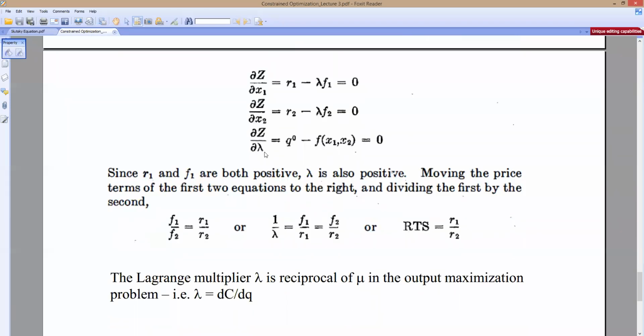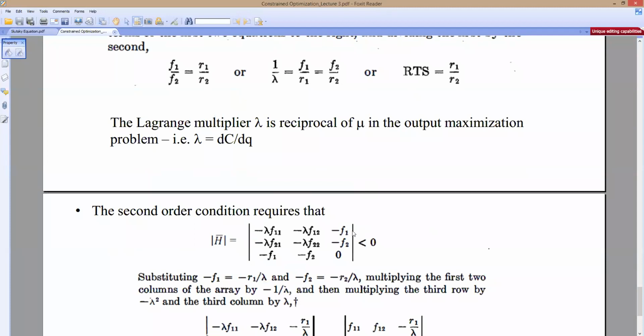Del square z by del lambda square, 0, because there is no lambda here. But del square z by del x1 del lambda, if you look from this position, what will be the value? Minus f1. The other one will be minus f2. So minus f1, minus f2, 0.